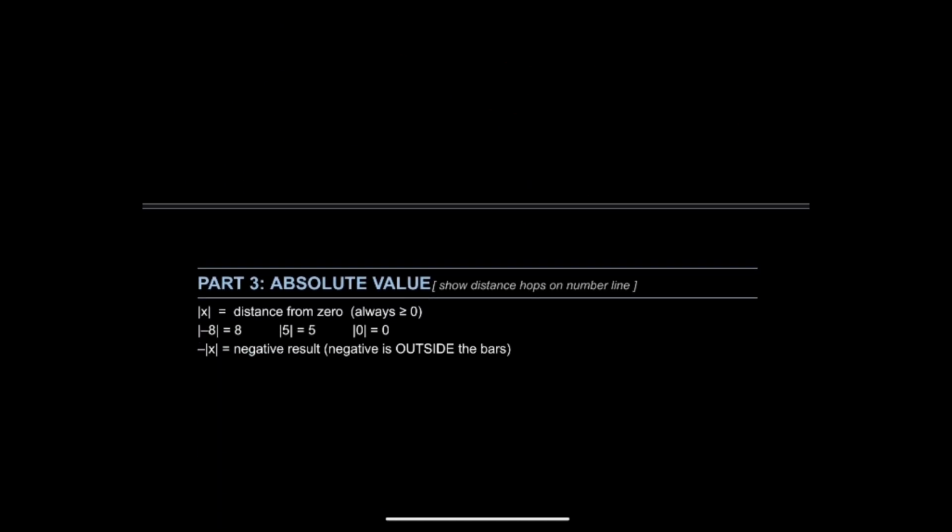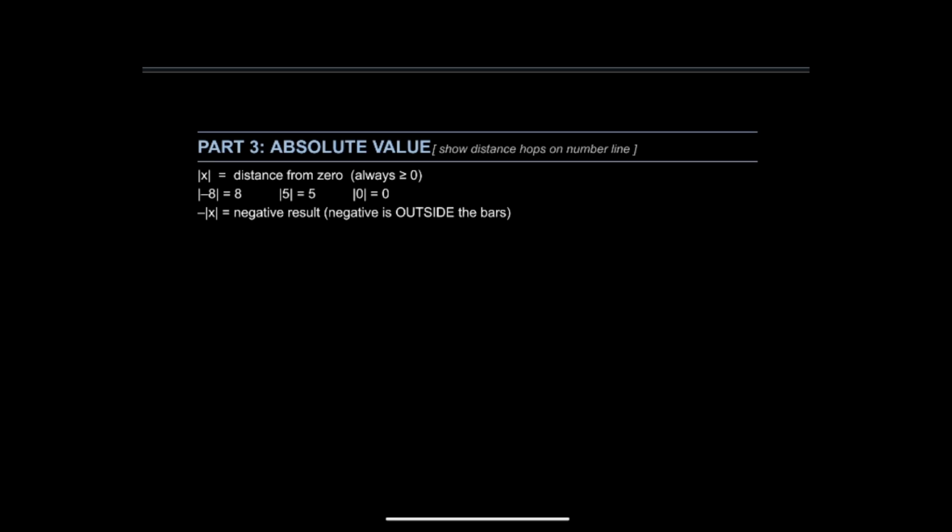Part 3, absolute values. Absolute value is the distance from 0 on the number line. And the distance is always positive. You can't walk negative 3 miles. The way that we annotate it is using these vertical bars right here. In this case, the absolute value of negative 8 is equal to 8.